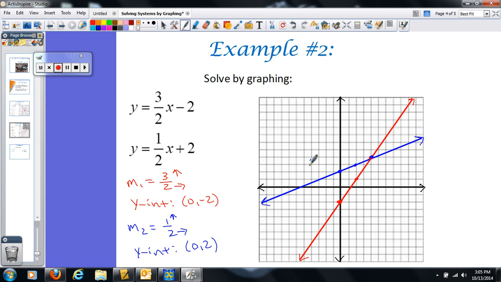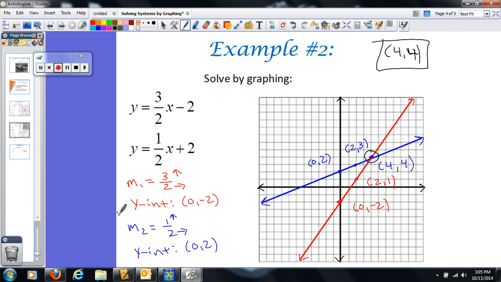We got the point 0, 2, 2, 3. This is 4 and 1, 2, 3, 4. Red points are 0, -2, 2, 1, and 4, 4. So again, our answer is the point where they cross, which is going to be the point 4, 4.